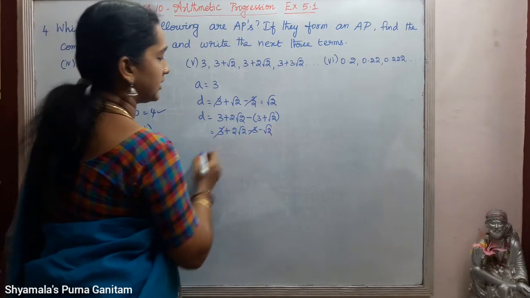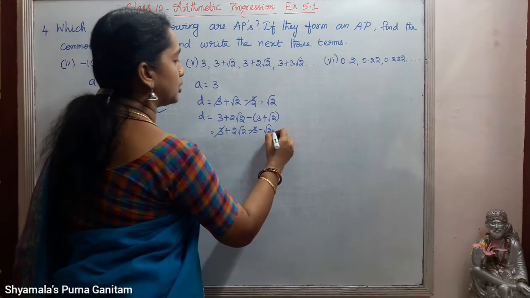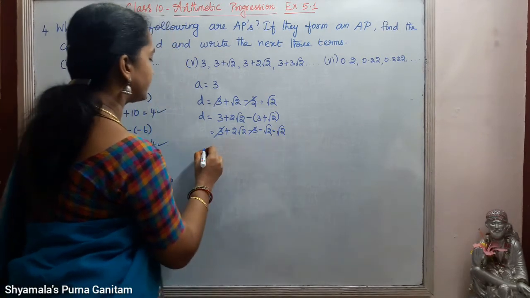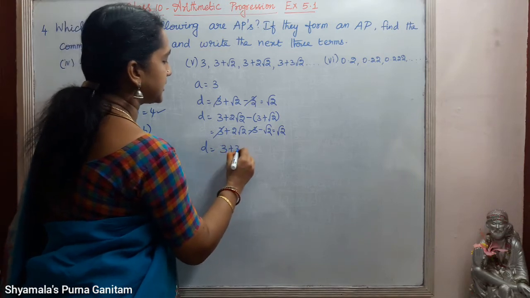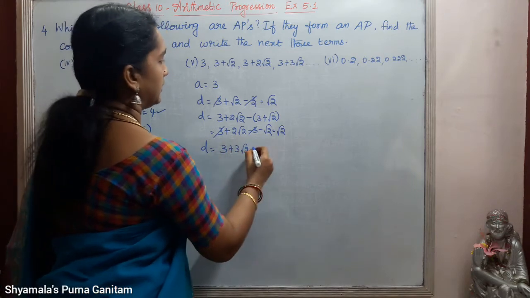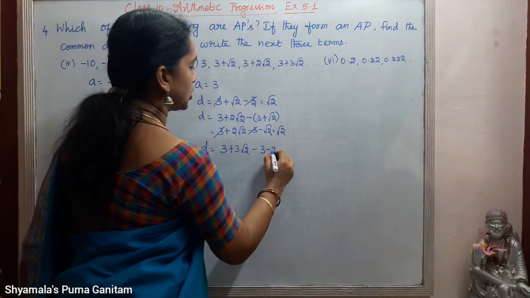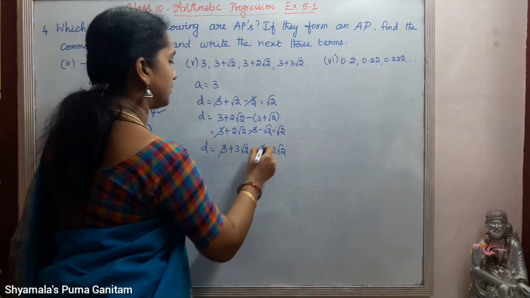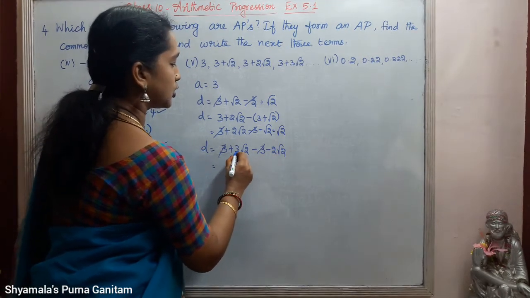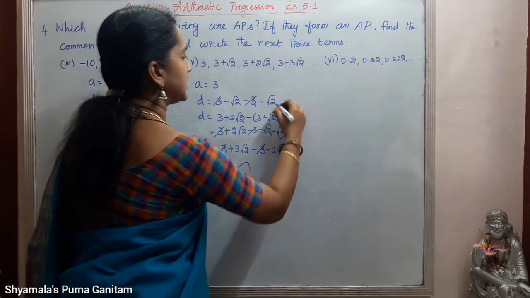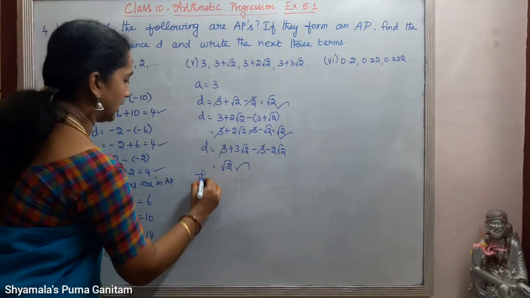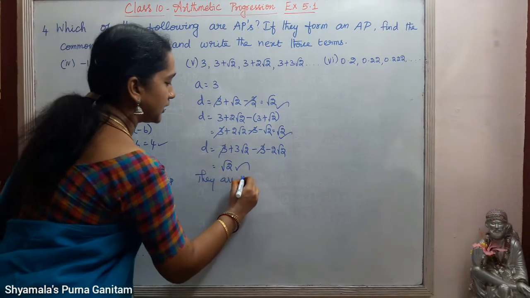Plus 3 minus 3 will get cancelled. 2 root 2 minus root 2 is root 2 again. Then the next one is 3 plus 3 root 2 minus (3 plus 2 root 2). So plus 3 minus 3 will get cancelled. 3 root 2 minus 2 root 2 is root 2. So the difference is the same here. So they form an AP.